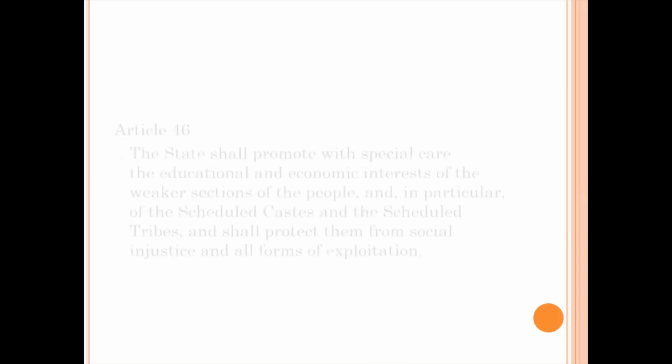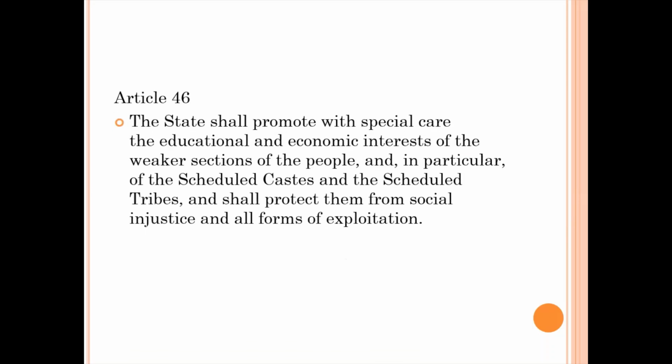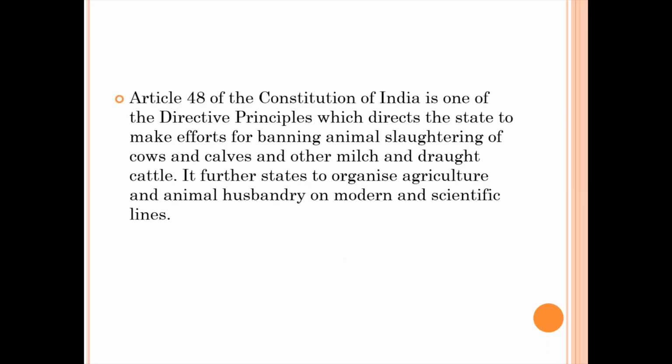Next, Article 46 says that the state shall promote with special care the educational and economic interests of the weaker sections of the people, that is scheduled castes, scheduled tribes, and other economically weaker sections. This is contained in Article 46. Now come to Article 48.